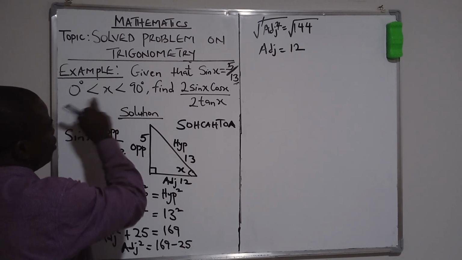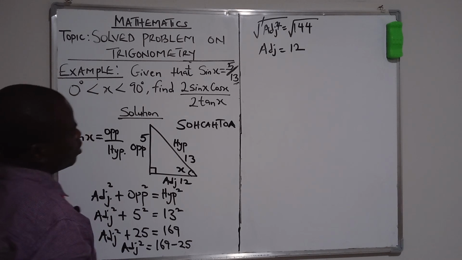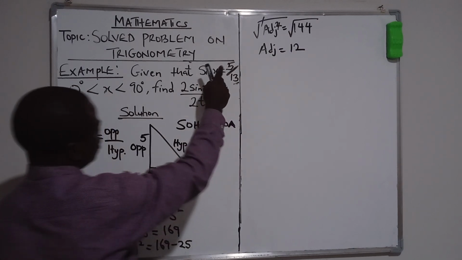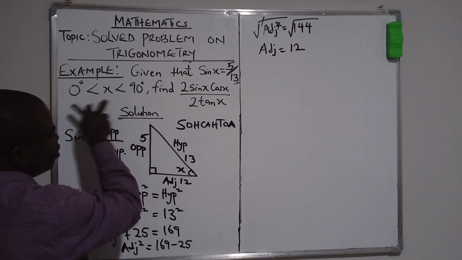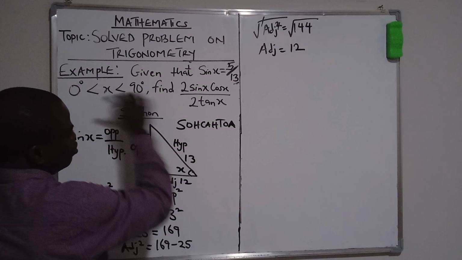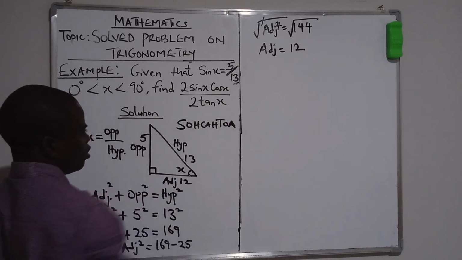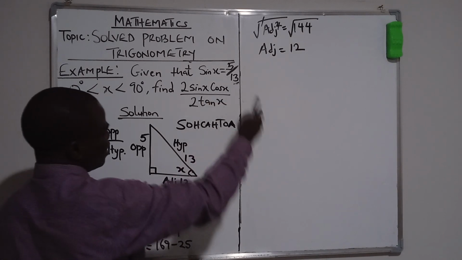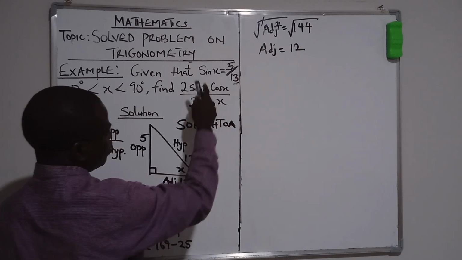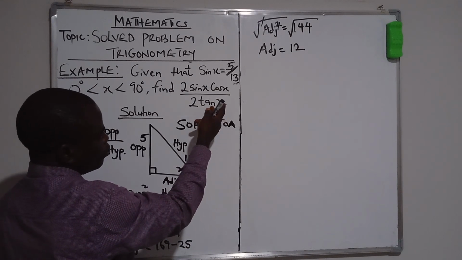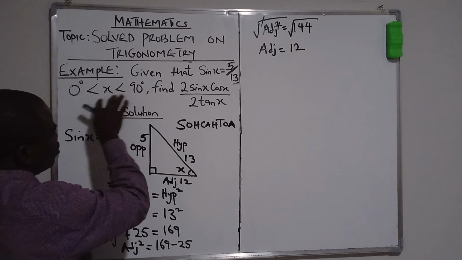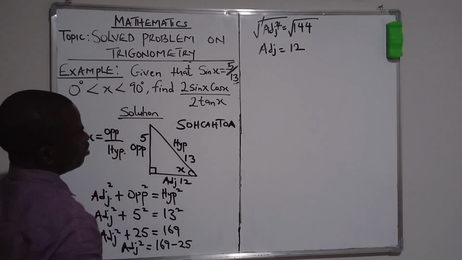This will be a guide for you not to make mistakes. If you get an angle x greater than this range, it means that there's a problem somewhere.